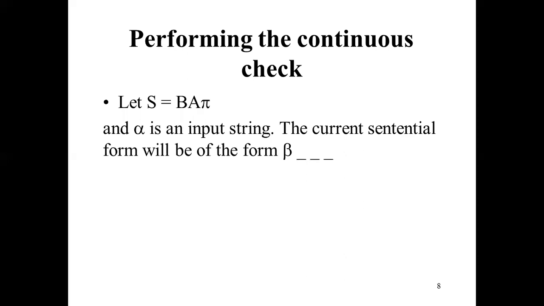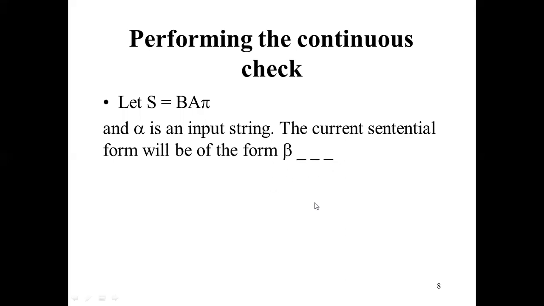Suppose B is any string, A is any string, followed by pi, and alpha is an input string. Suppose you want to match that with the help of alpha. BA and pi are the various strings. So the current sentential form will be of this form.